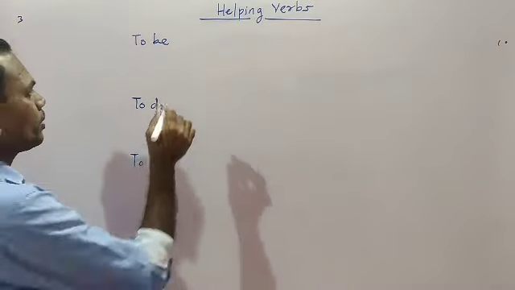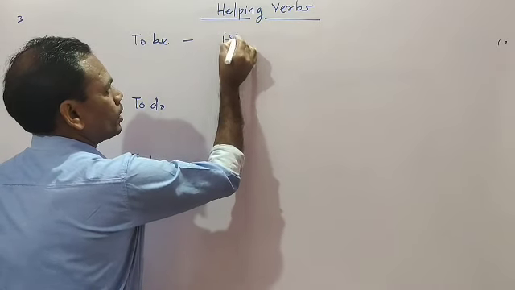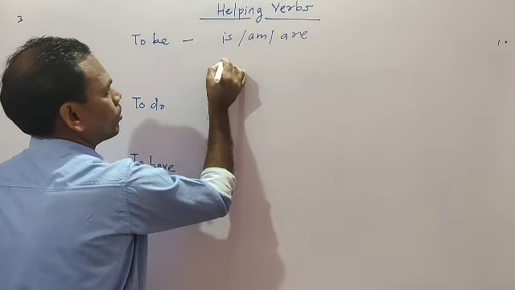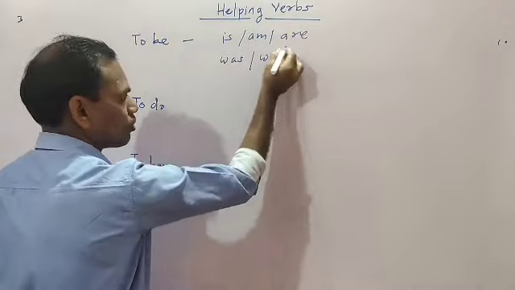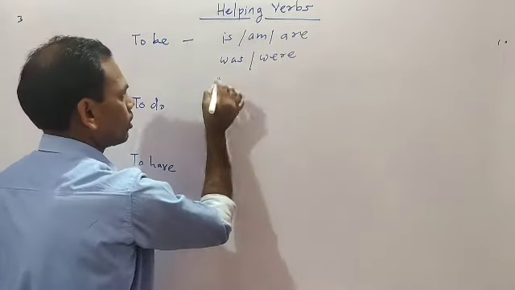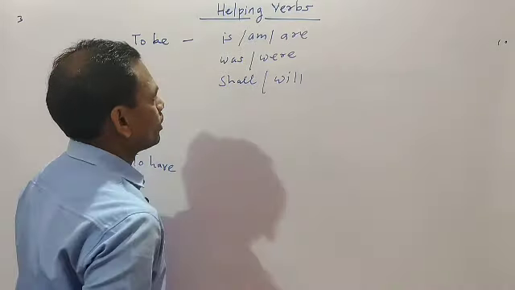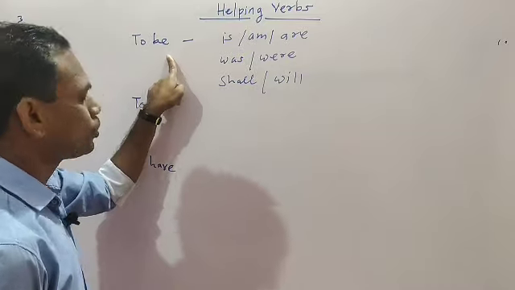For example, see here, what are the forms of to be? Is, am, are, was, were. Pronounce this word as were, then shall and will. These are the helping forms of to be.